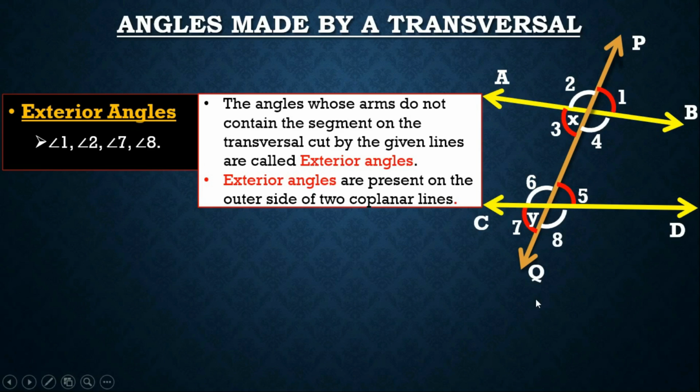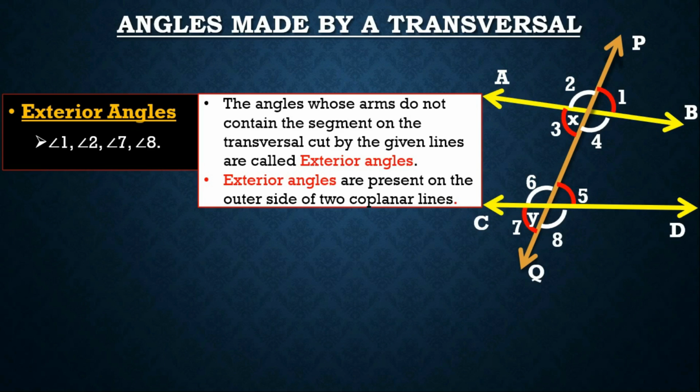Hence angle PXA, angle PXB, angle QYC and angle QYD, that is angle 1, angle 2, angle 7 and angle 8, are exterior angles. I suppose everyone got the concept of exterior angles.